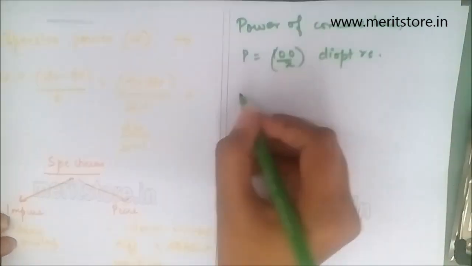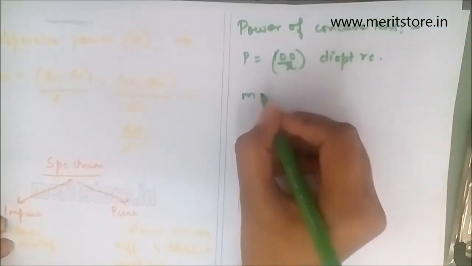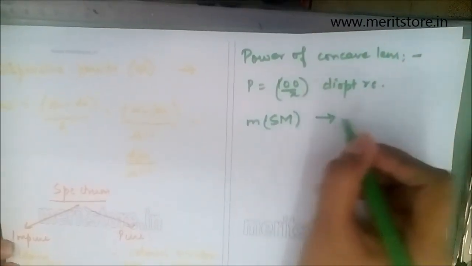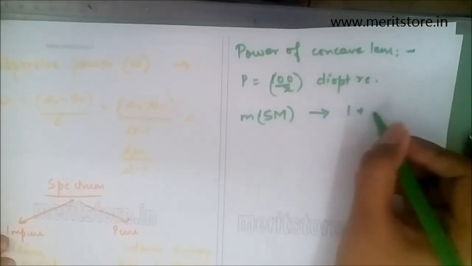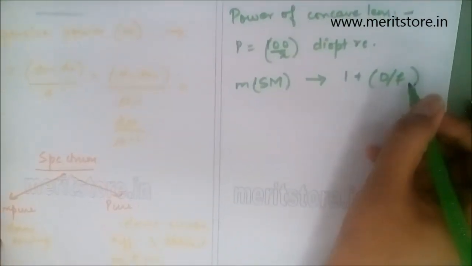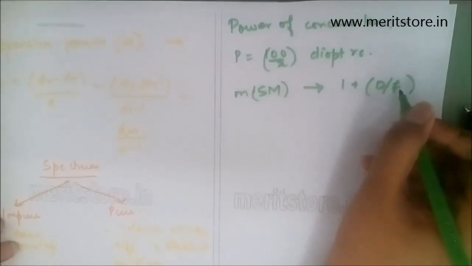The magnifying power or M of a simple microscope is given as 1 plus d upon f. D is the distance of distinct vision and f is the focal length.